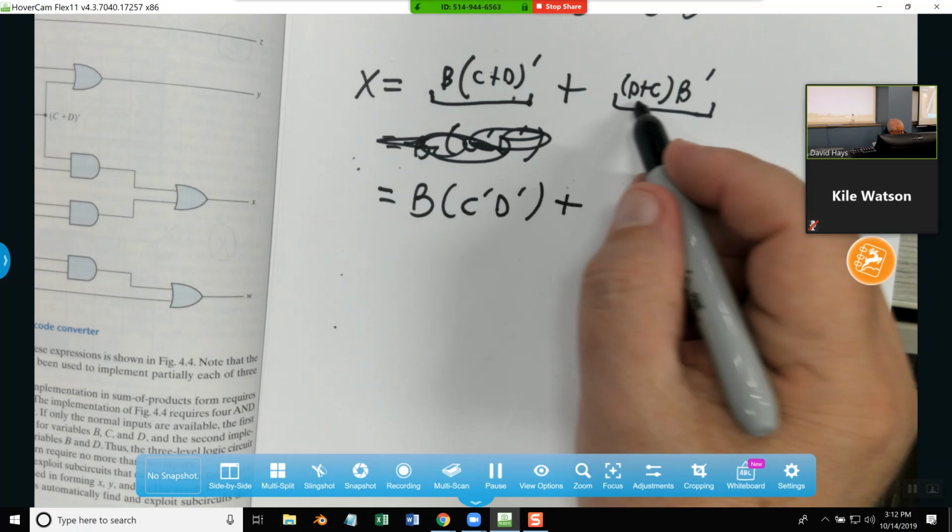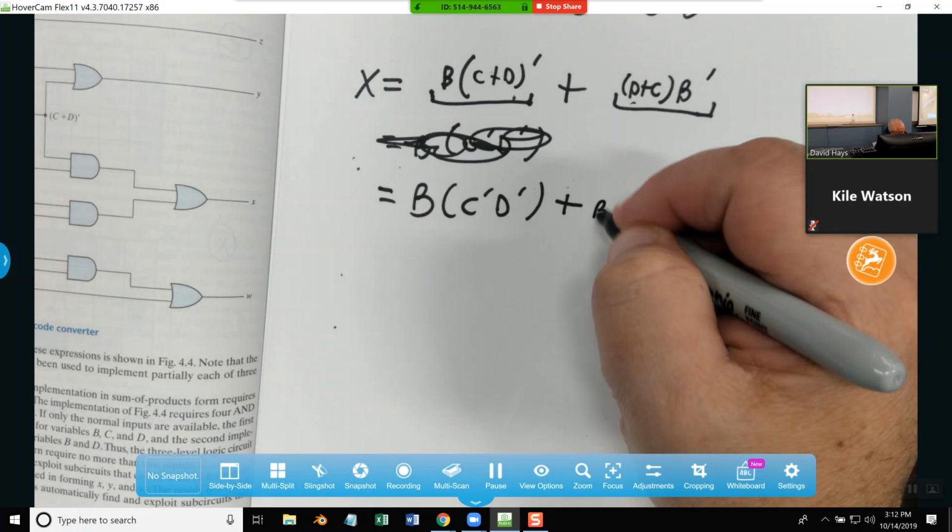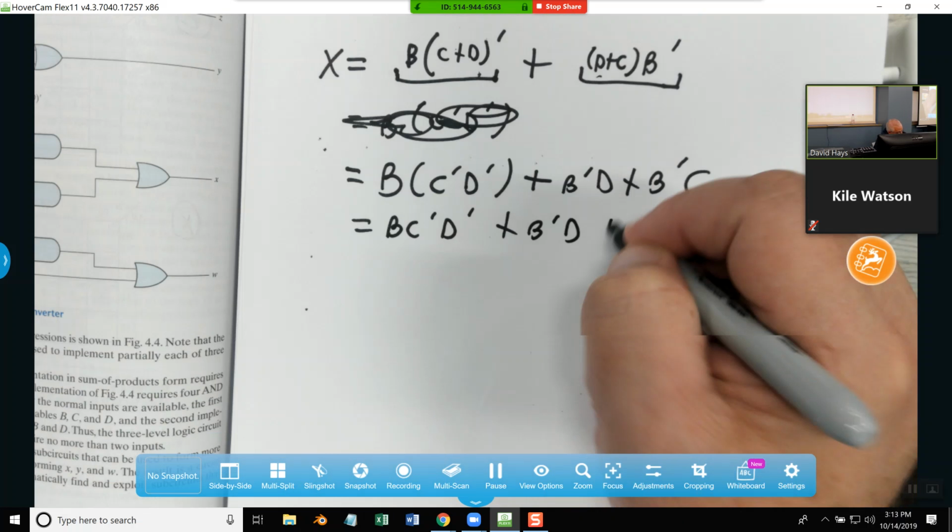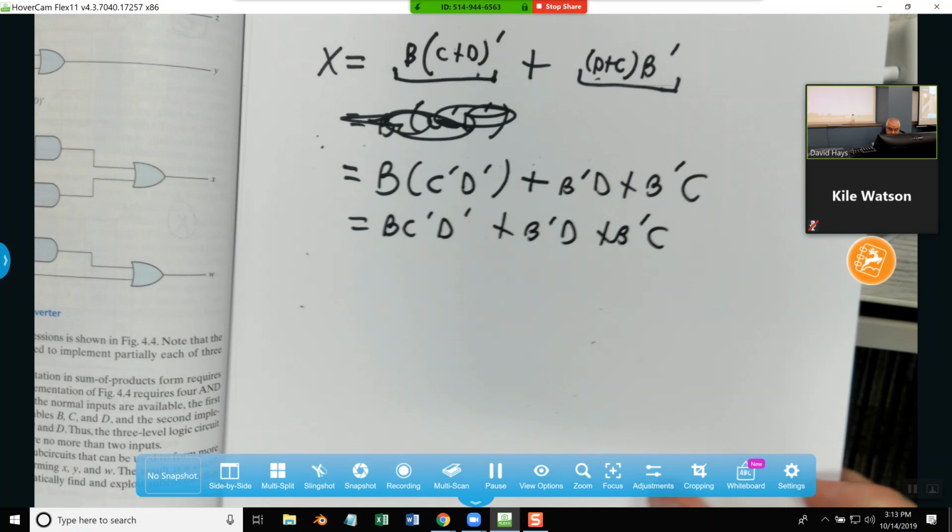The logic diagram implements these expressions as shown in figure 4.4, which we just looked at. Note that the OR gate whose output is C or D has been used to implement partially each of these outputs. Not counting input inverters, the implementation in sum of products form requires 7 AND gates and 3 OR gates.